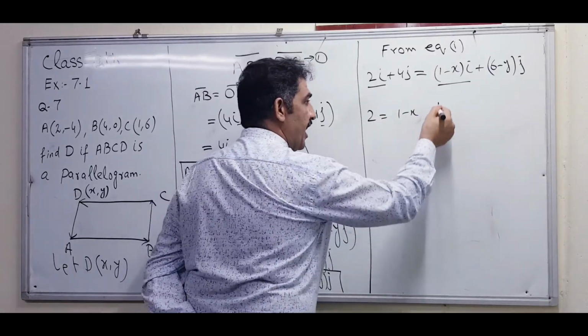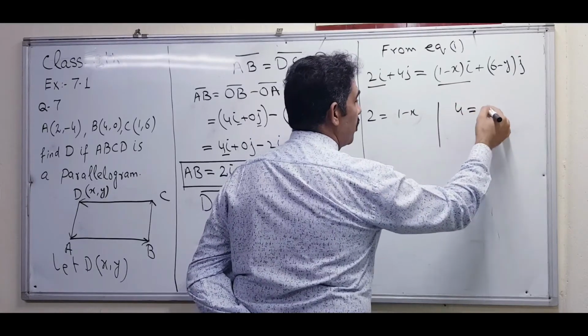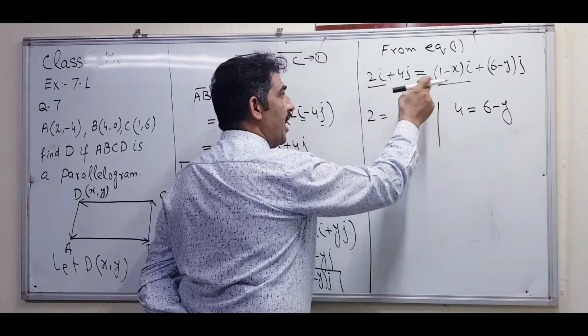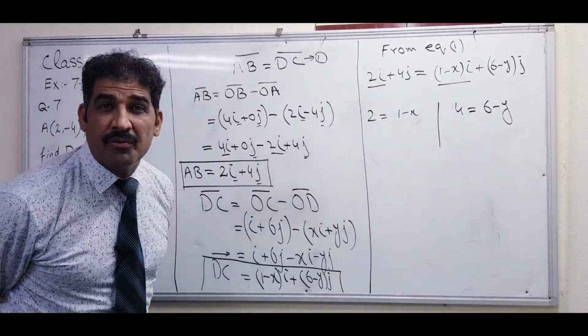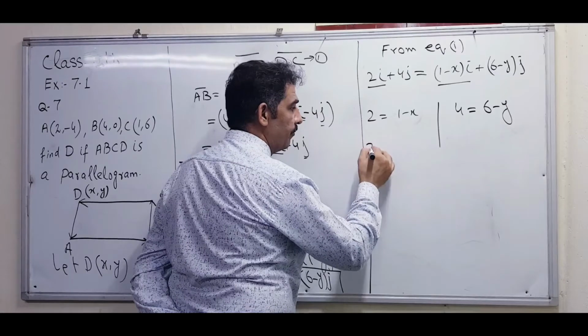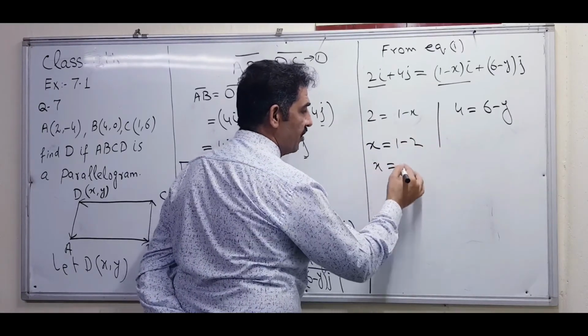And here the next one: 4 is equal to 6 minus y. I mean the i component is equal to i and the j component is equal to j. We have to find the value of x. So what is the value of x? Here minus x shifting to this side and 2 shifting to the other side. So 1 minus 2, so x is equal to minus 1.